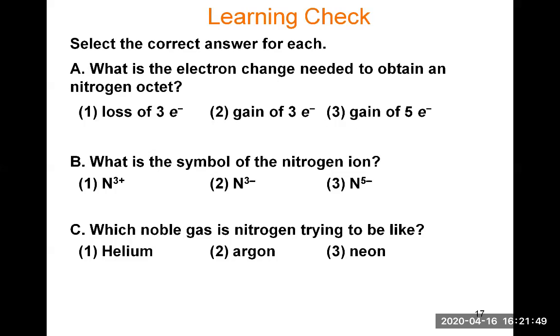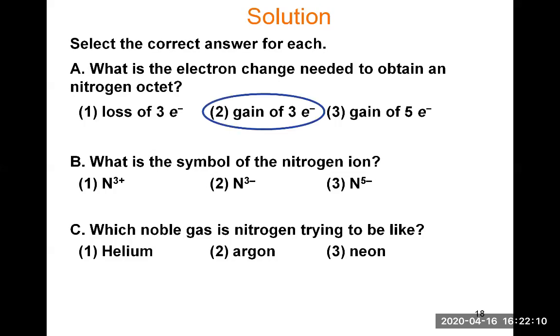Group 5A means it has 5 valence electrons. To reach an octet means 8, so you do 8 minus 5 is 3. So nitrogen needs 3 more electrons to be like neon, the next noble gas. So it will gain 3 electrons.